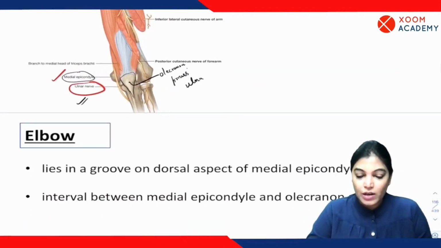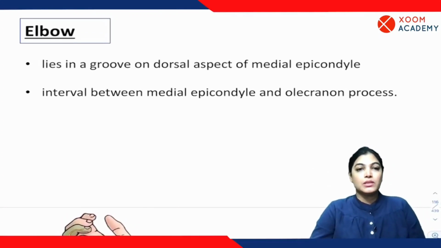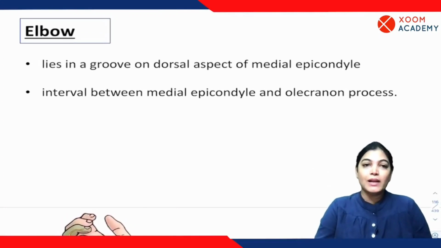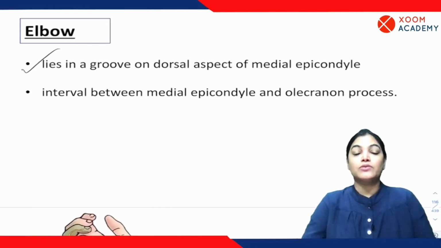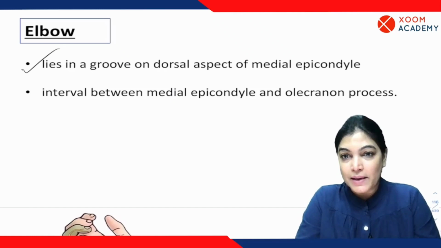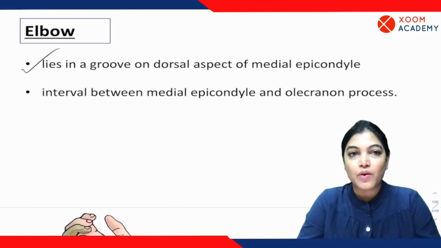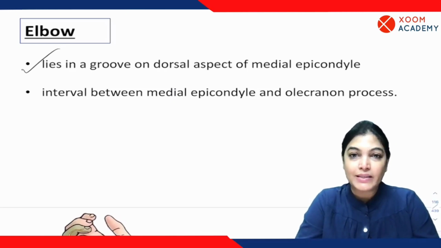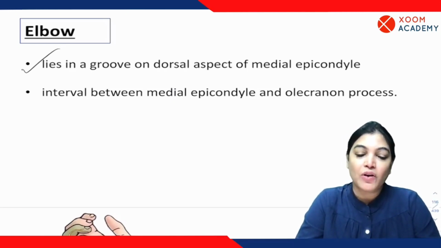Now, let's talk about the further course. When I am talking about its relation and course at the level of the elbow, it lies in the groove on the dorsal aspect of the medial epicondyle, which we have already seen in the image. It is related to the dorsal aspect, that means the posterior aspect, of the medial epicondyle.